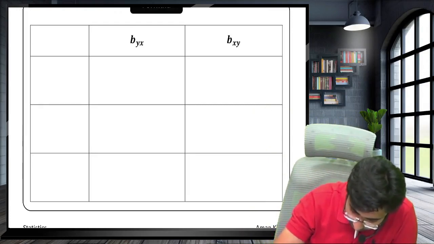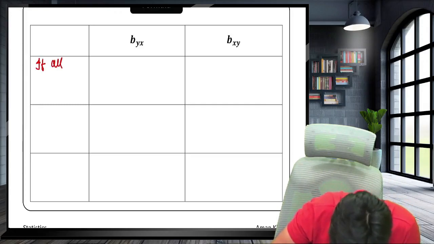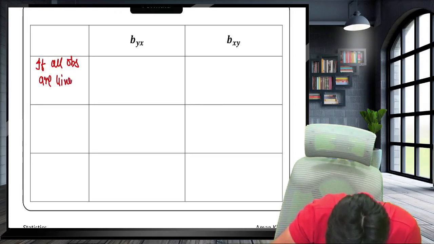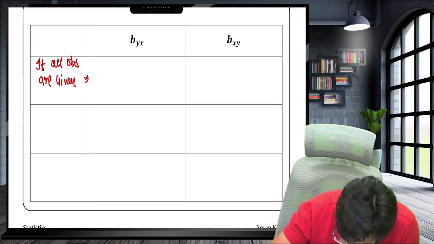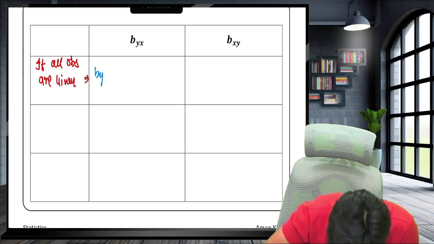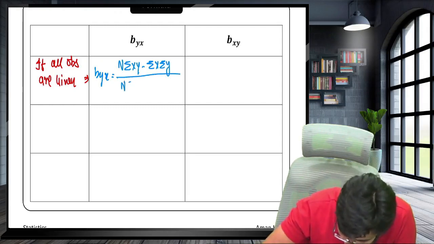Now write down the formula with me. If all observations are given, then apply this formula. b y on x is equal to n summation xy minus summation x into summation y, upon n summation x square minus summation x whole square.